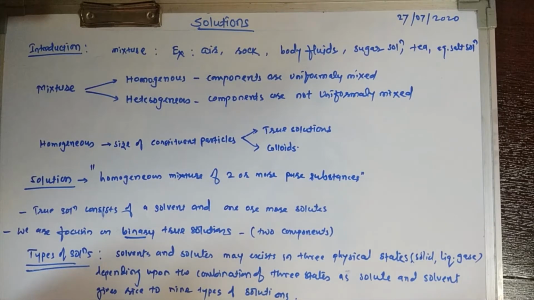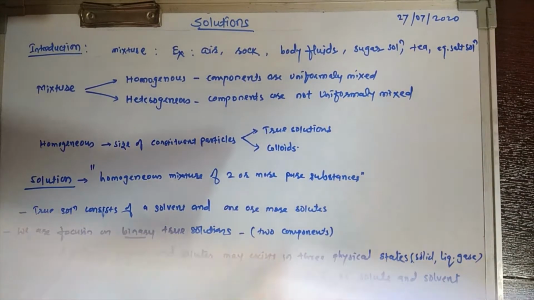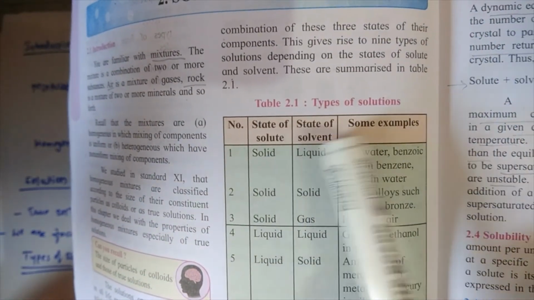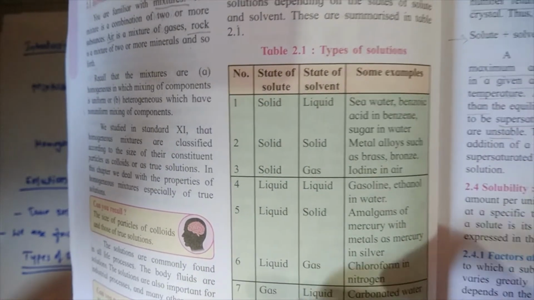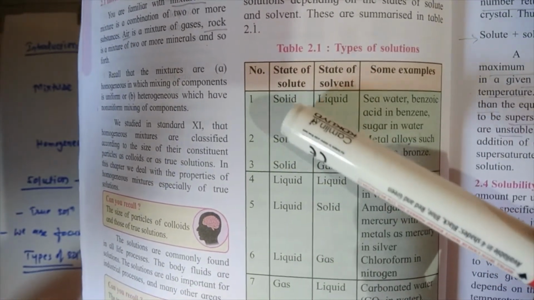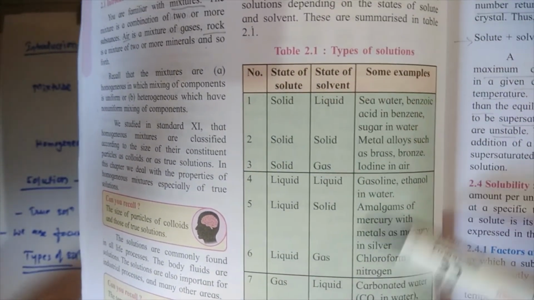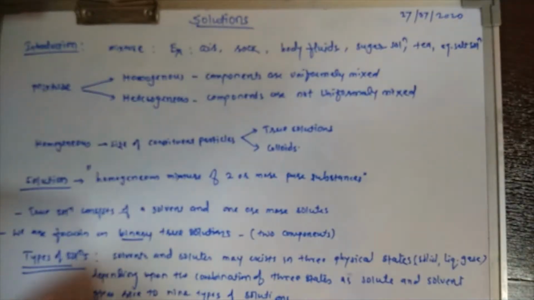Okay, and for these 9 types of solutions, if you just refer to table number 2.1 in the textbook on page number 28, here I will show you. Here in this table, depending upon the different physical states of solute and solvent, 9 types of solutions can be formed, is it?